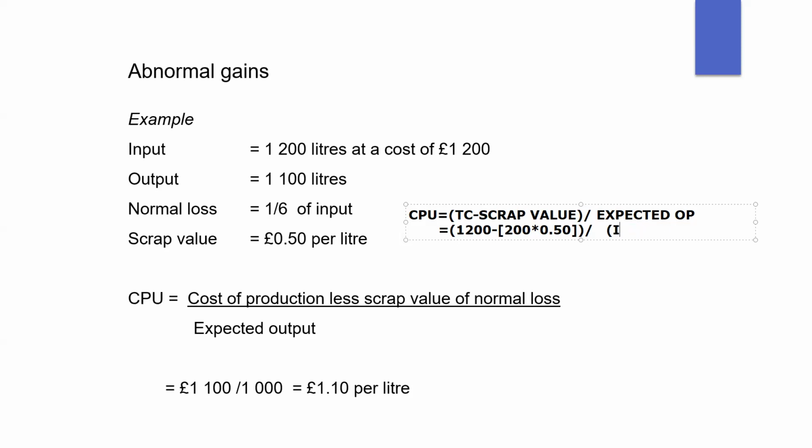So here, the inputs are 1200 liters. From that value, we are going to deduct the normal loss 200.